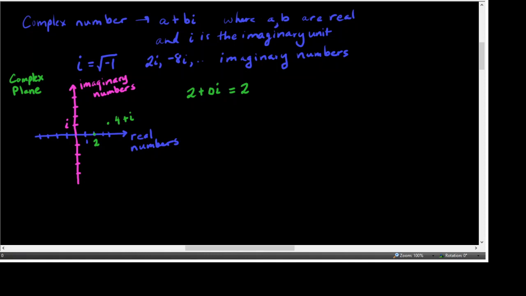And what about a number like this one right here, 3i? Is that also complex? I know it's imaginary. Is it complex? Well, we know it's complex if it's writable in the form of a plus bi, and 0 plus 3i fits the bill. And so that means that all imaginary numbers are also in the set of complex numbers.